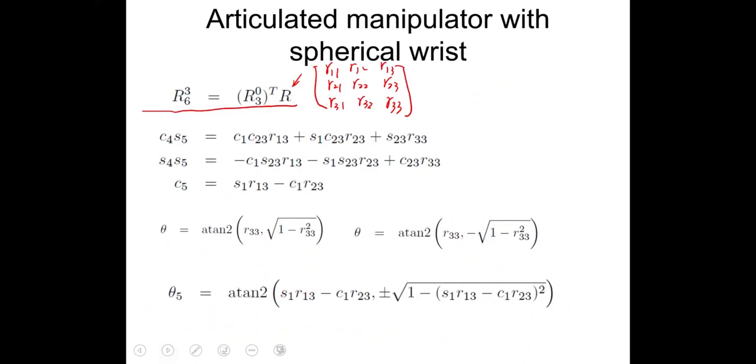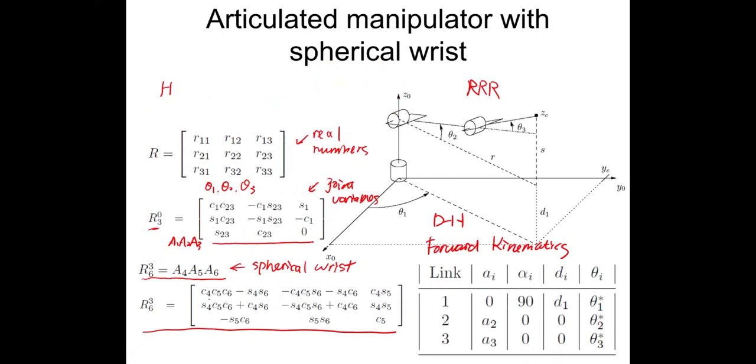So now let's do something interesting. From this R63, from the forward kinematics analysis, which is right here, we already know the 9 elements of this R63 matrix. The first term is C4 times C5 times C6 minus S4 times S6.